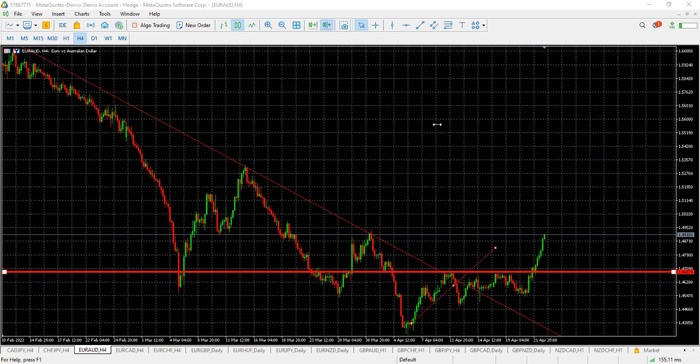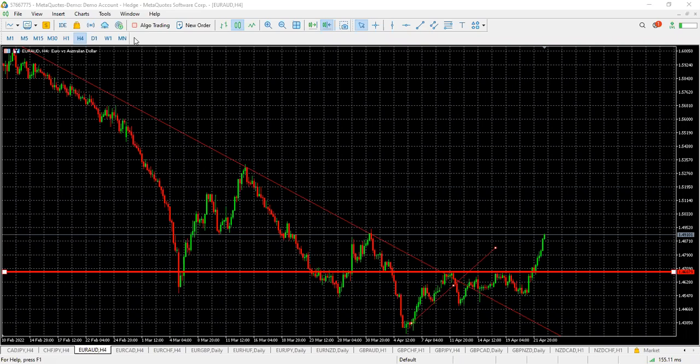Okay, so you can see that this is a break of structure. This is a partial resistance zone that got broken. So this market has now broken the long-term trend. This is a long-term downtrend.